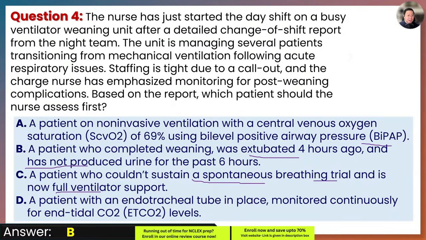And you have a patient on C that is placed on full ventilator support. The client is stable in ventilation, so the client is not going to get the highest priority this time. And letter D, the client has an endotracheal tube in place. It's secured, so there's also lower immediate risk. Alrighty, so I hope that you were able to identify those clues.